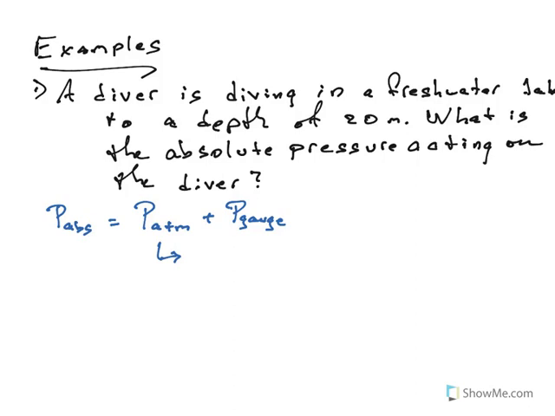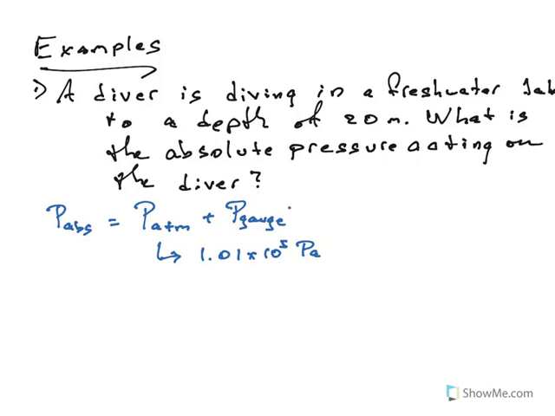It turns out atmospheric pressure is 1.01 times 10 to the 5th pascals. It's always going to be that for the problems we're going to work on. Obviously, if we're in Denver and we're a mile up, the pressure in Denver is different than the pressure in New Orleans, which is below sea level, and so forth. But we're just going to use this as a constant number for atmospheric pressure.